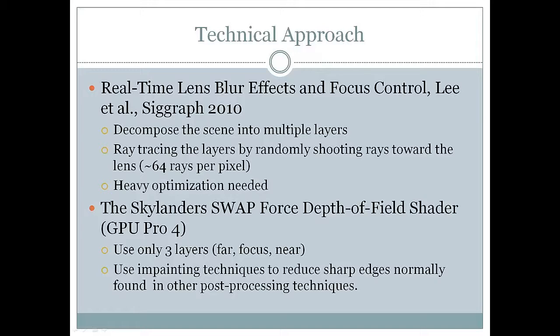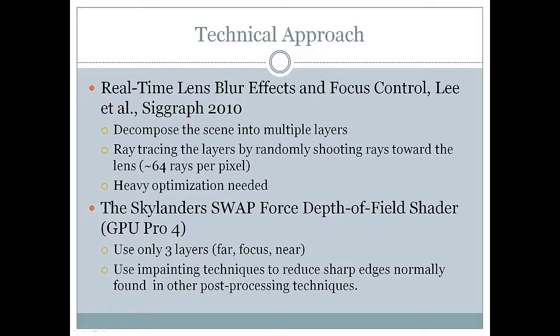Usually the sampling density is 64 rays per pixel.